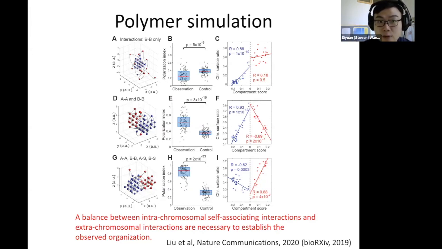In that case, we see the A will wrap around the B. So the polarization index becomes much lower. It's comparable to or even lower than the randomization control. It becomes like A wrapping around B rather than a polarized side-by-side fashion. And in order to have the polarized organization, we do have to have AA also interact with each other as well as BB, and then we have this polarized organization.